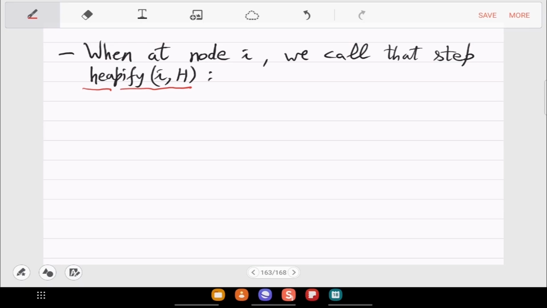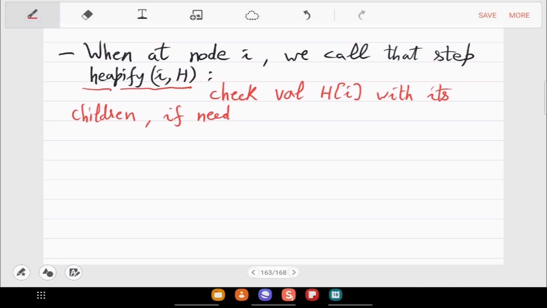So what this heapify step does, when you are at node I in a given array H, as a tree, is it checks the value of Hi with its children, and if needed, it goes down.